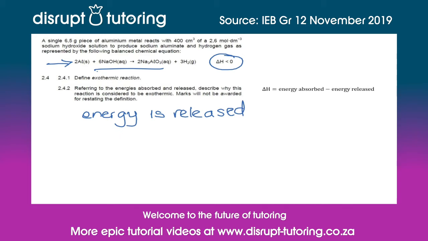So the energy absorbed by the reactants minus the energy released by the products. So if the energy released is greater than the energy absorbed, that means that our change in enthalpy will be negative, and that is an exothermic reaction.